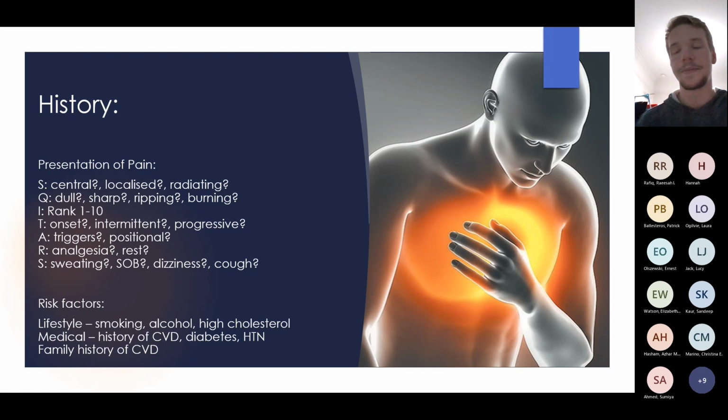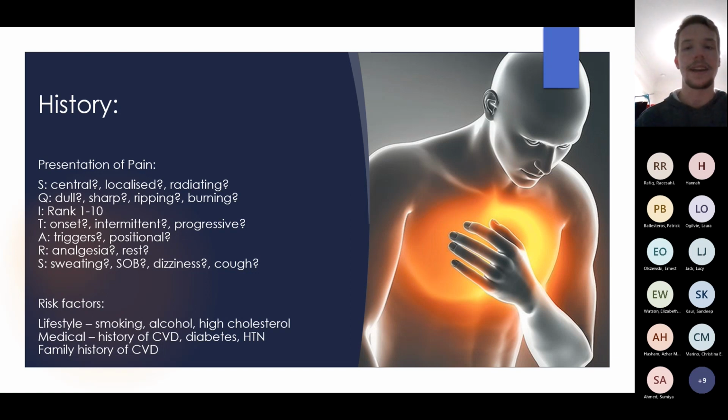And then I do A and R, so what makes the pain better and what makes the pain worse. Normally on stuff making it worse, I'd ask about exercise, whether that makes it worse. I'd also ask about position.